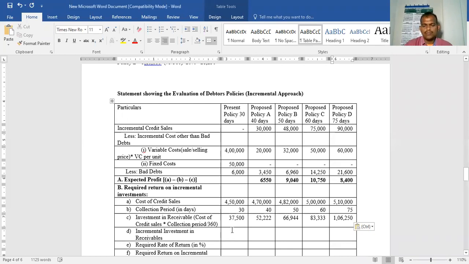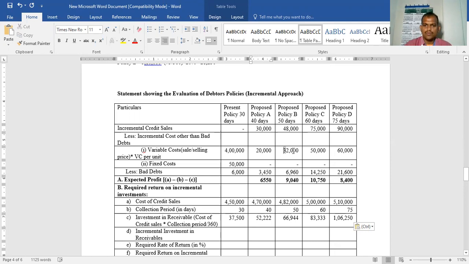Here, please don't get confused. We are considering cost of credit sales, meaning total cost of credit sales, not just incremental cost. Total cost of credit sales is the combination of variable cost plus fixed cost. Variable cost for proposal A is 4,20,000 and fixed cost is 50,000. That is why it is 4,70,000.